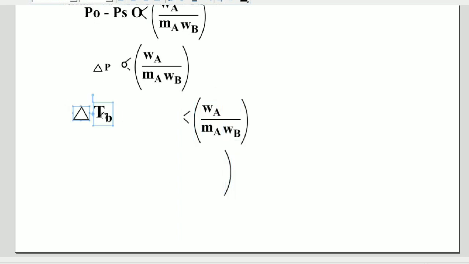So delta TB, the elevation in the boiling point, is proportional to delta P, and delta P is proportional to WA by MA into WB.